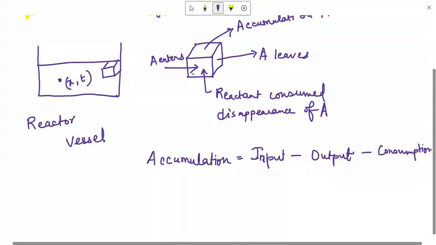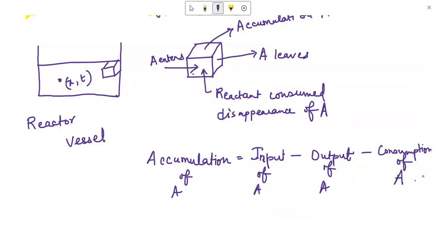So all of these are with respect to A, that is your reactant, right? So this in general characterizes the material balance.